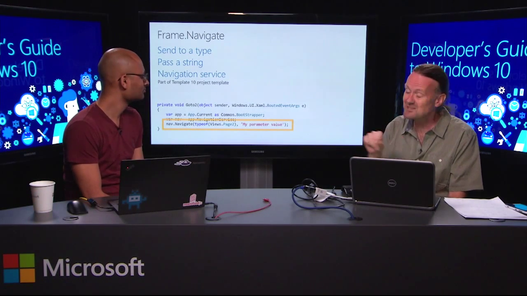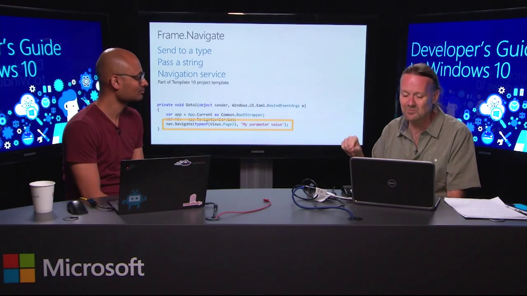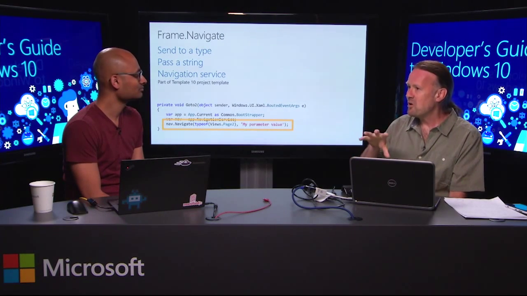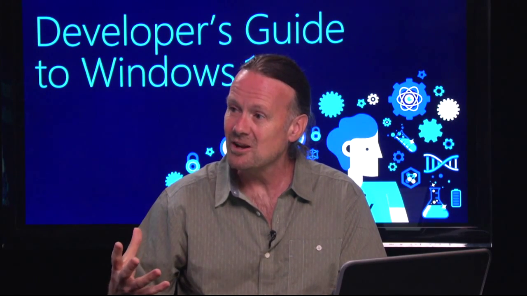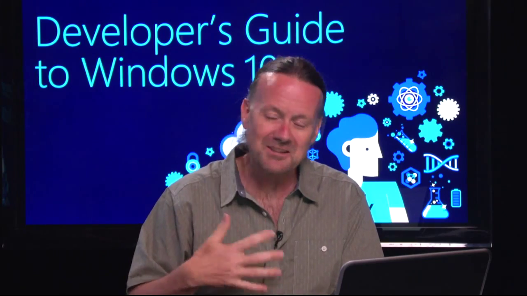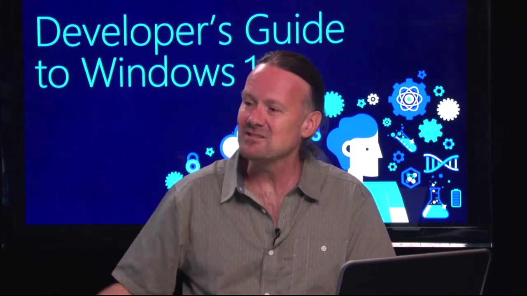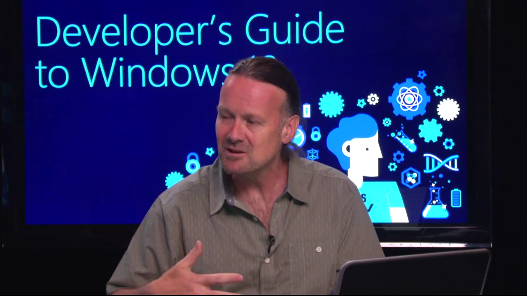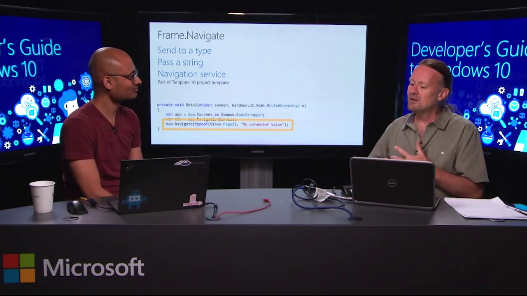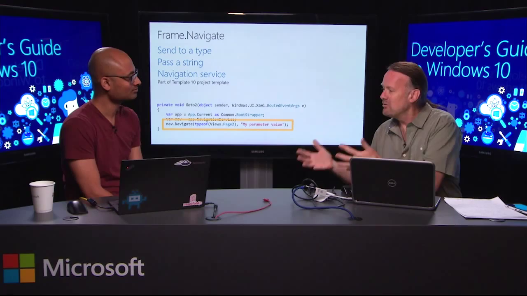But essentially, it has to be something serializable, because when we talk about app lifecycle, the frame keeps track of the app history. It actually serializes that, and it saves these navigation parameters. We'll talk about that tomorrow, about why that's important for the user experience, getting the user back into the app even if it's been suspended.